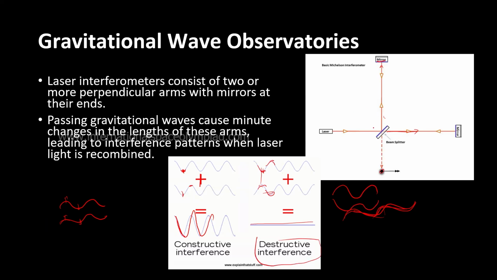Normally, the distance between the mirrors is arranged so that these two light waves interfere destructively, so that there is no light at all.